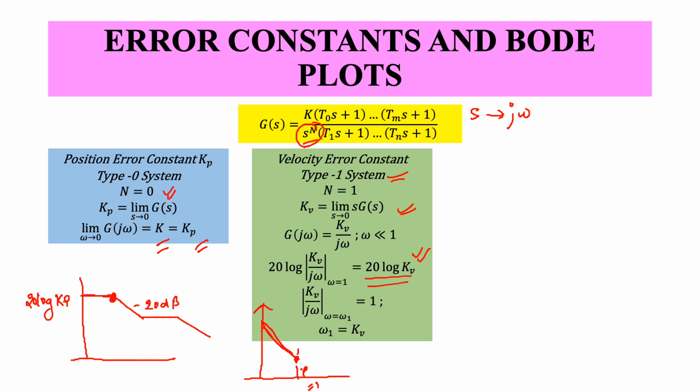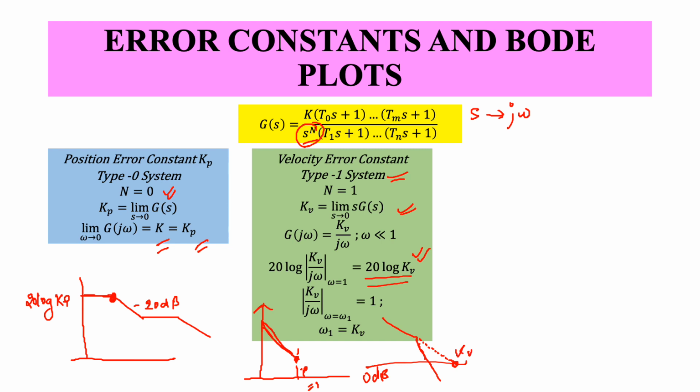Another way of doing it is I will keep extending the line, like this. If I keep increasing it, when it touches my 0 dB line, at that frequency I will get my Kv value.